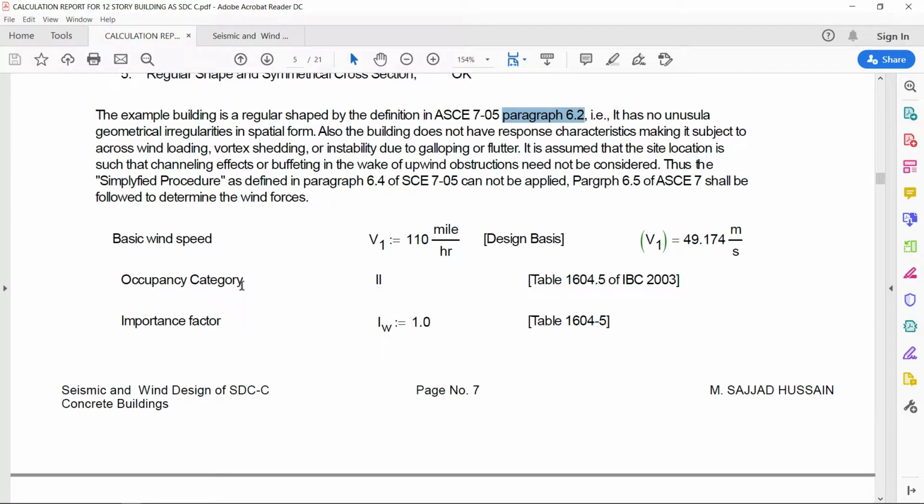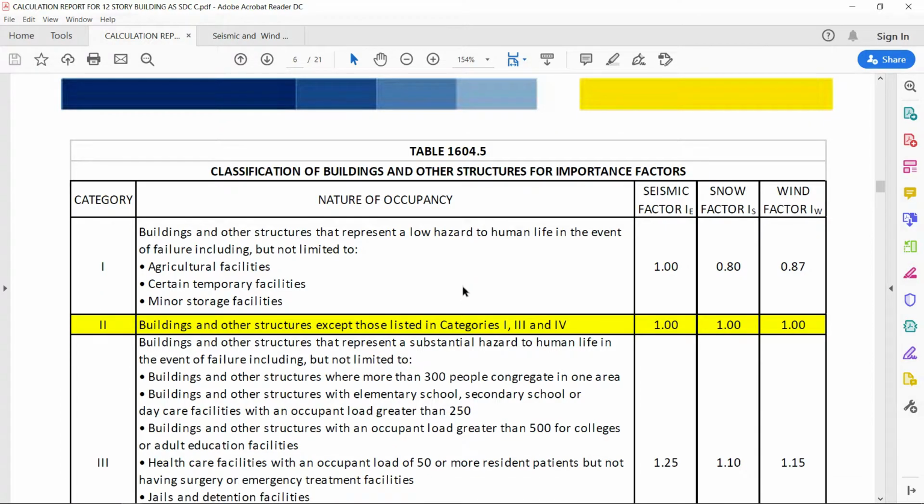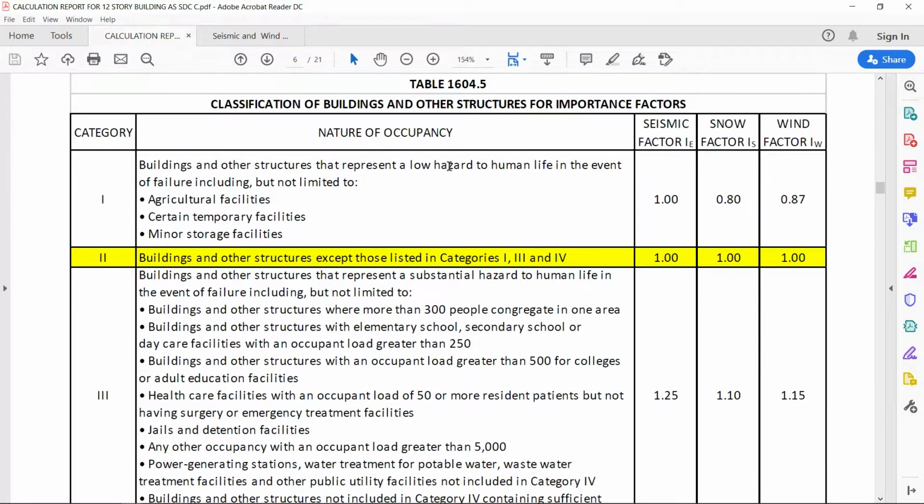So I started my calculation, like wind speed 110 miles per hour, which is equal to 49.174 meters per second. Occupancy category 2, importance factor is 1. Then in my report I included, for quick reference, the table given in ASCE 7 or IBC, and I highlighted that the building is a category 2 building, and the importance factor for wind and seismic is 1.